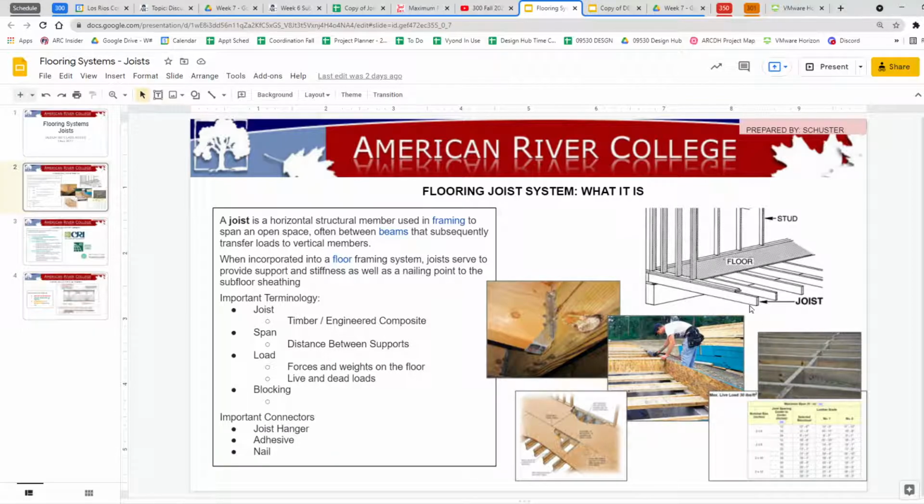And that depends on some of the loading too. And then you put your subfloor down just like you put your subfloor on the slab. So these joists essentially serve the same purpose as what we learned last week was the slab. Okay, so there's a little bit about a joist system.